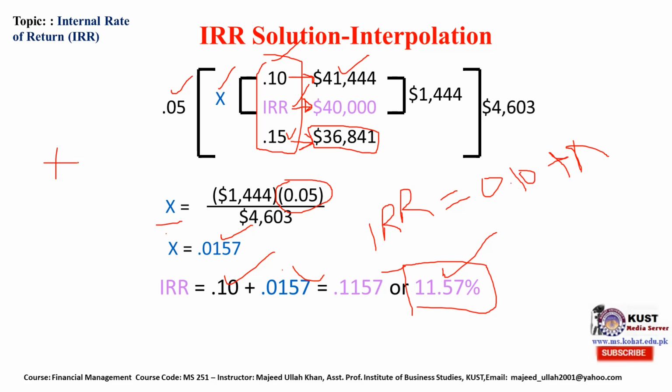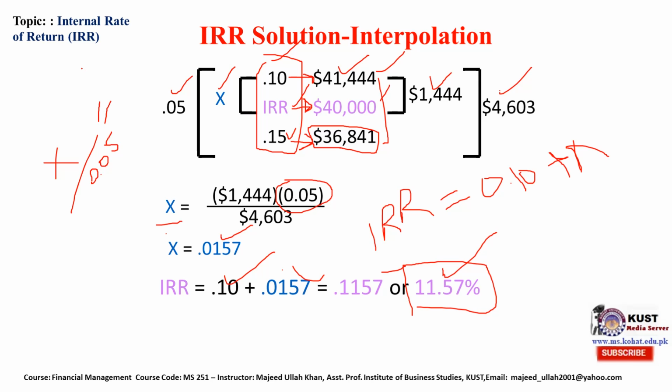First we will do this step. X divided by 0.05 is equal to the difference between the initial cash outflow and the higher present value, which is this one. The difference between lower and higher present value is this one.